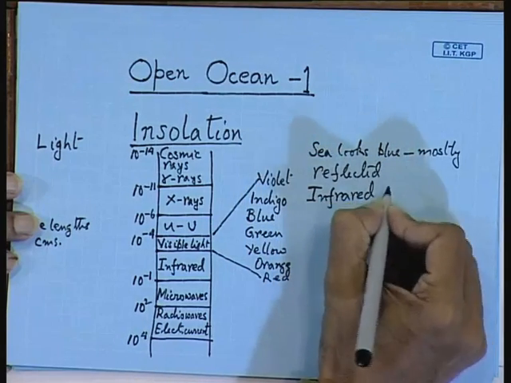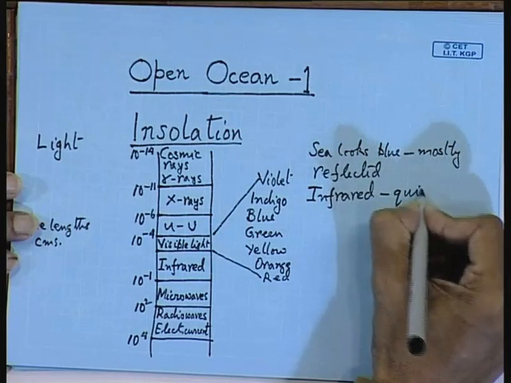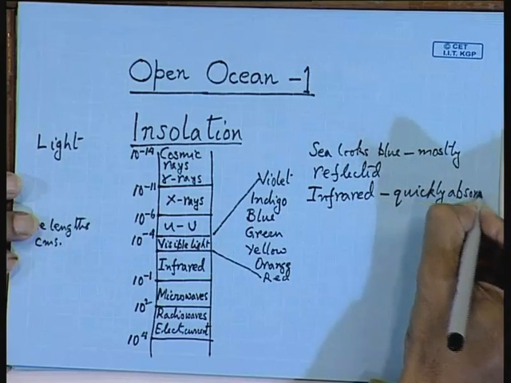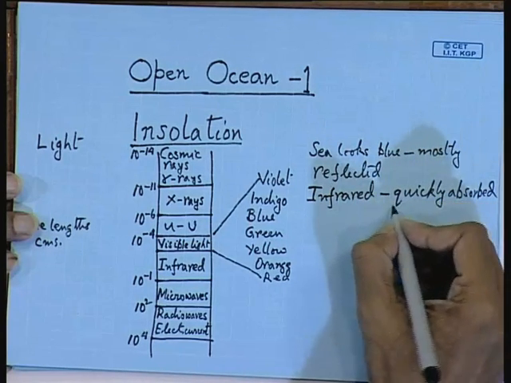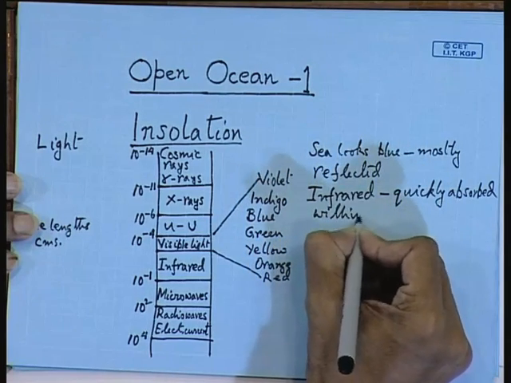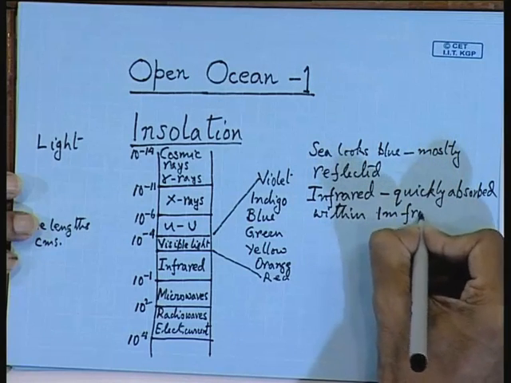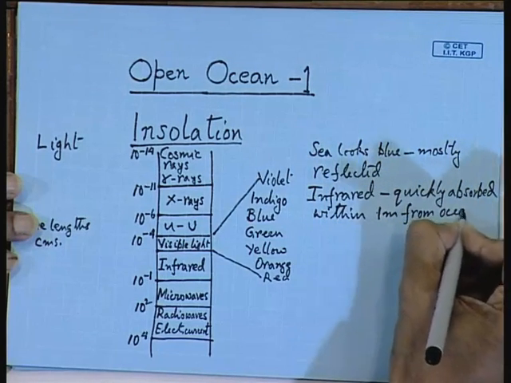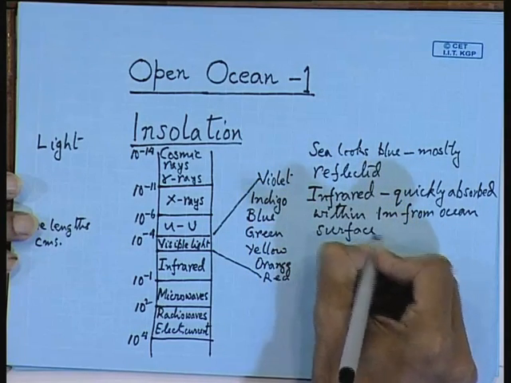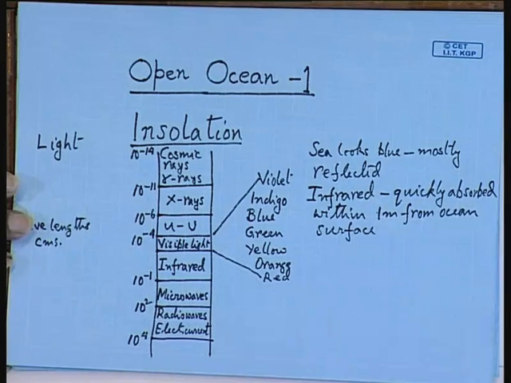So, this causes the ocean surface to be heated up. This is quickly absorbed, within, of course, 1 meter from the ocean surface. So, all this is actually used by your satellite in order to map the heat and the color of the ocean.